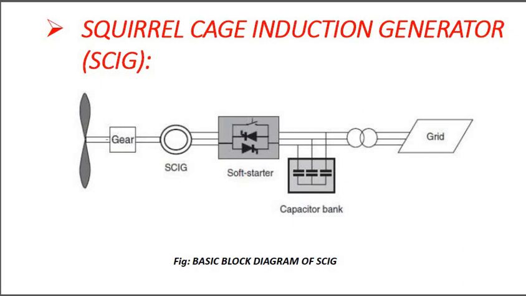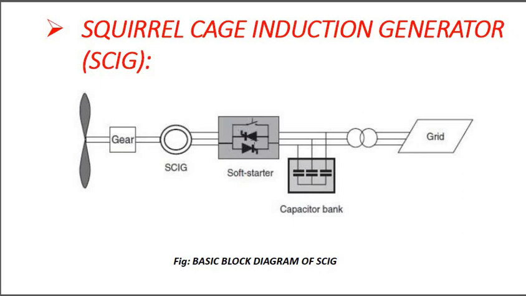Further, the output from the SCIG is connected to the soft starter. The soft starter mainly consists of two anti-parallel switches and one manually connected switch in parallel with each other.